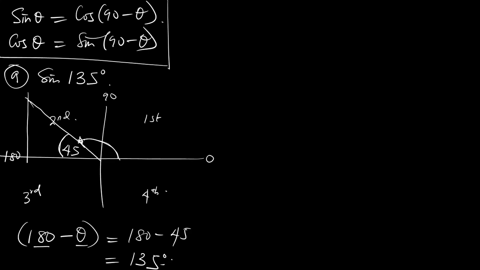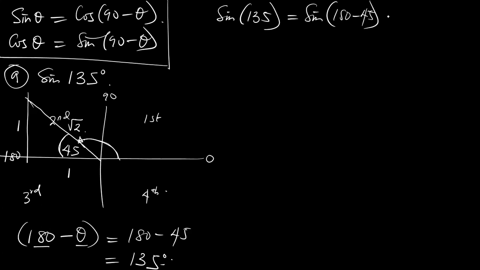And at 45 degrees, you have here is 1, here is 1. The hypotenuse is square root of 2. So now it means that sine 135, which is sine of 180 minus 45, is equal to, let's see if sine is positive here or negative.